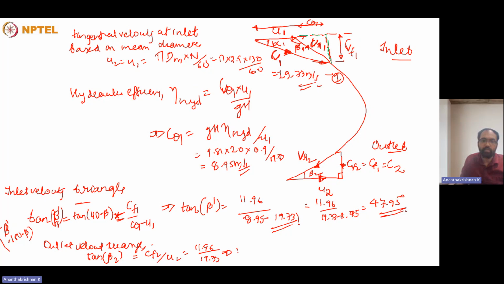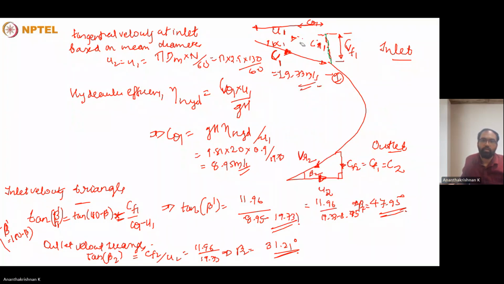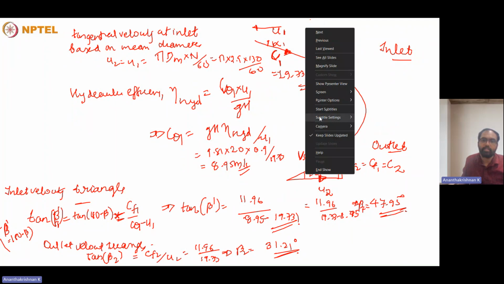That implies beta 2 is equal to 31.21 degree. So since we have found out that the velocity triangle that we have drawn at the exit is not the correct one, we can redraw it using the answers which we have got. So a few parameters will be slightly shifted in the other directions.